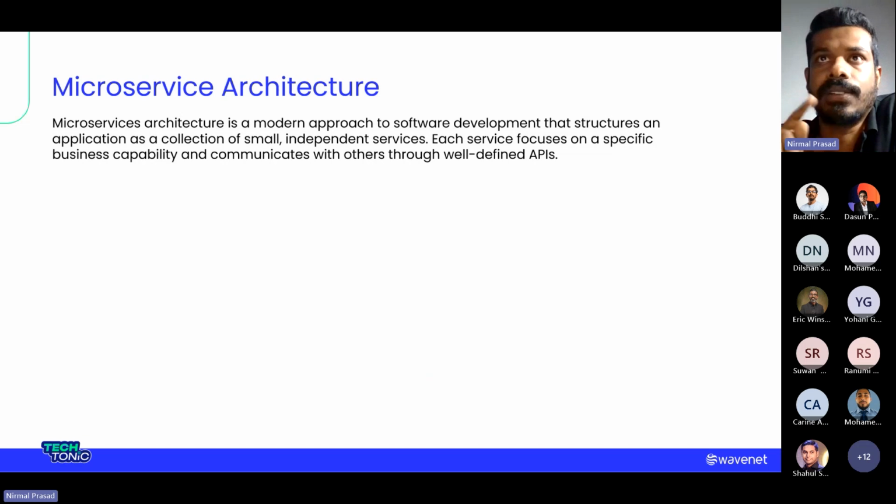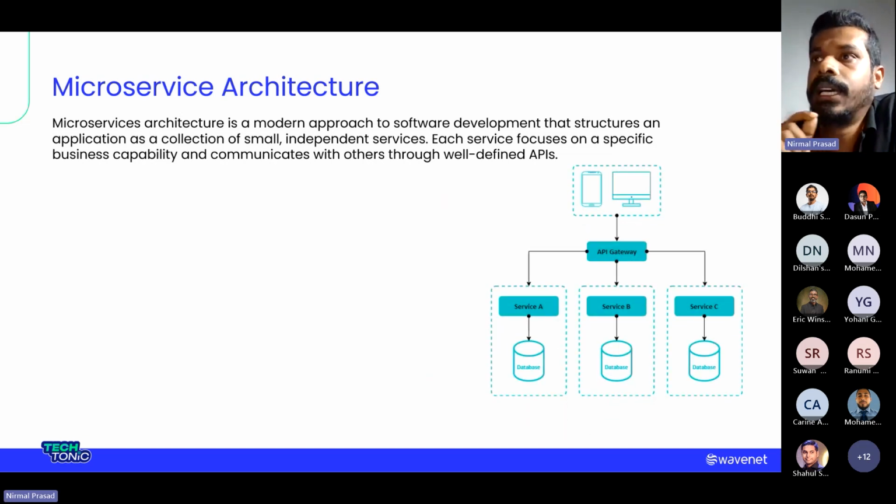If you recall, service-oriented architecture used a shared database, but in microservice architecture, each microservice has its own service logic as well as its own database. Only if you want to maintain some persistent data do you call an external common database layer. Otherwise, all the transactional things you can manage in the microservice itself.